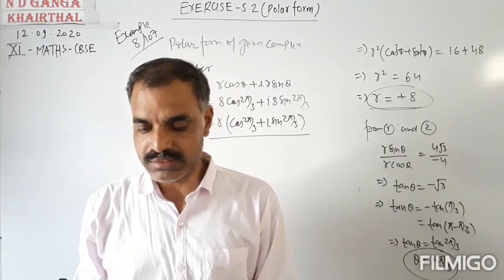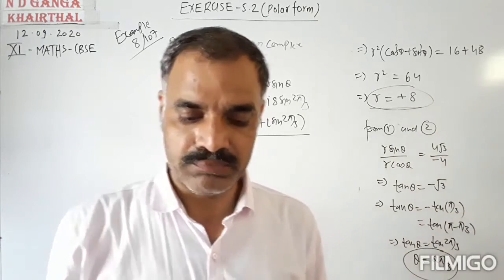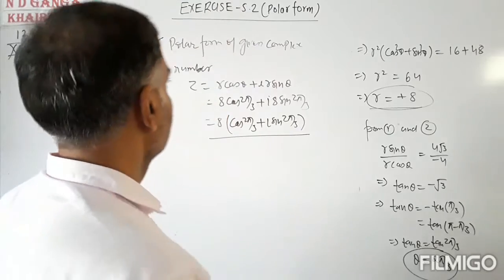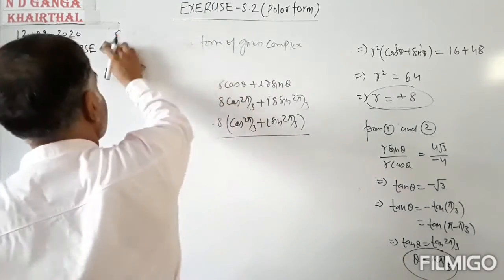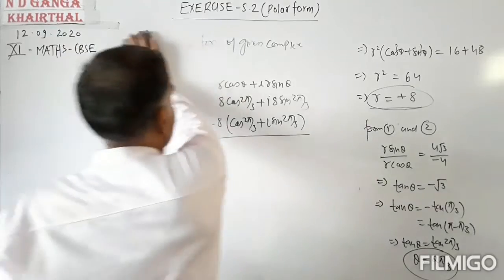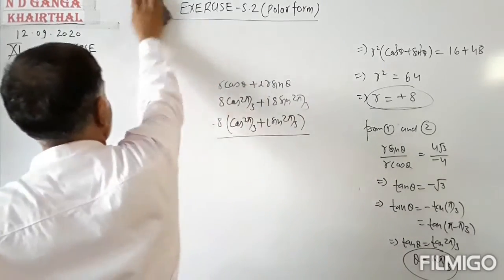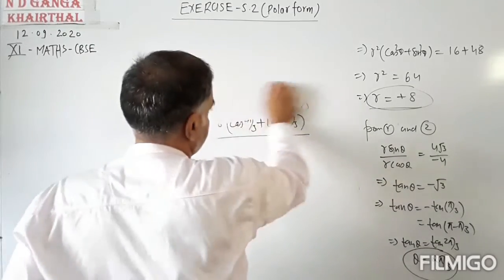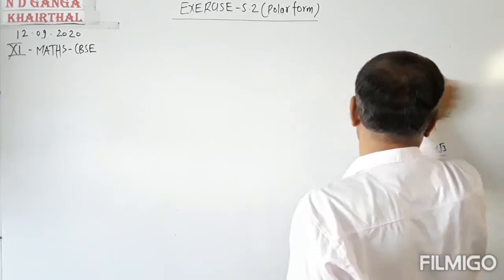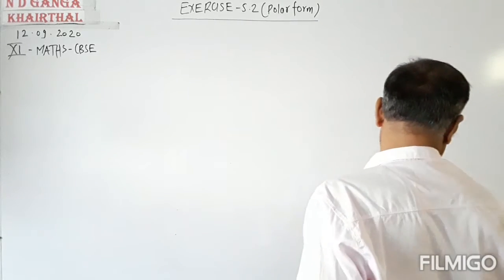So let us take question number 3, 1 minus iota, of the exercise 10.2.